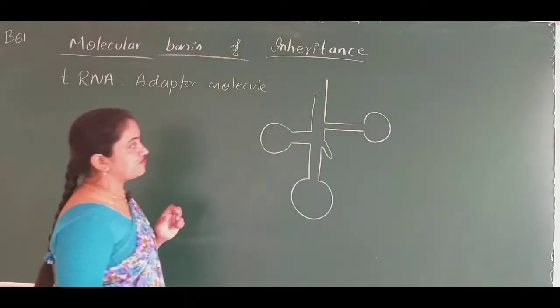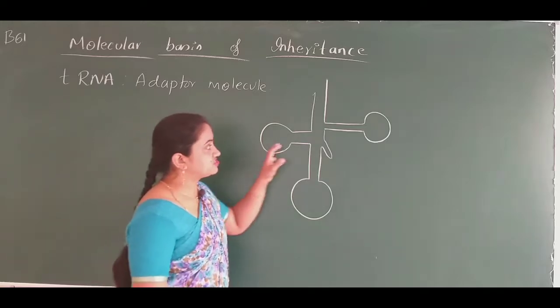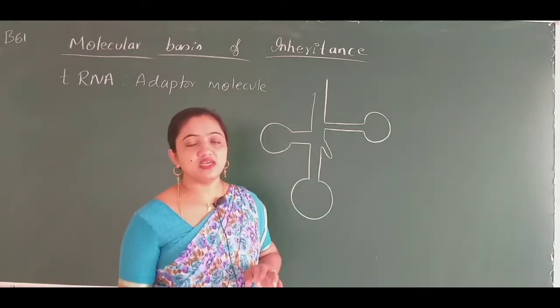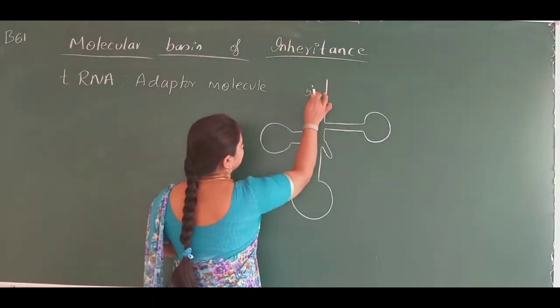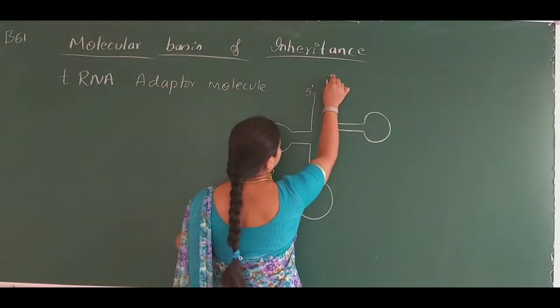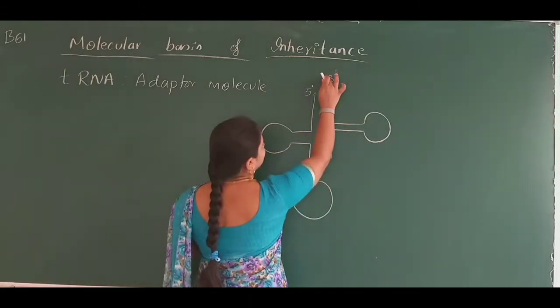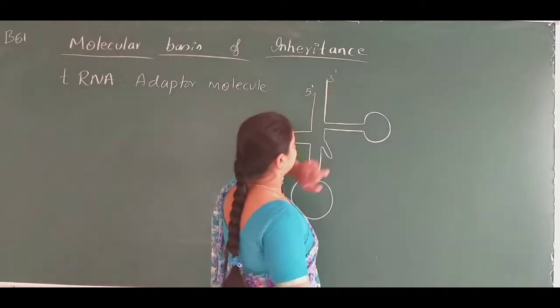Now we have a structure called tRNA, which looks like a clover leaf. Here this end is the 5 prime, and this end is the 3 prime.